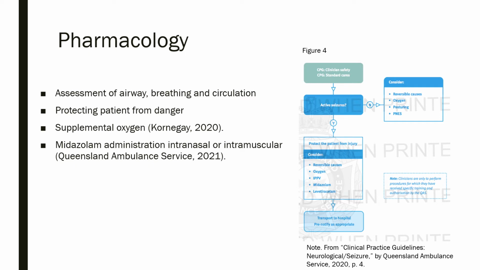Intravenous midazolam is only to be administered if IV access is already in situ, which coincides with the literature, which outlines that IV access in an emergency situation carries significant infection risk and also delays midazolam administration compared to intranasal or intramuscular. Interestingly, New South Wales ambulance service is similar to QAS in that midazolam can be administered to a seizing patient regardless of time.